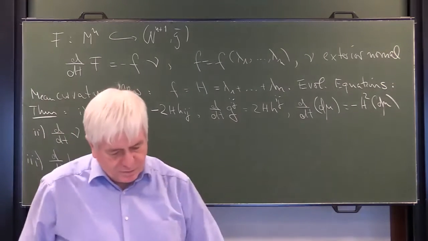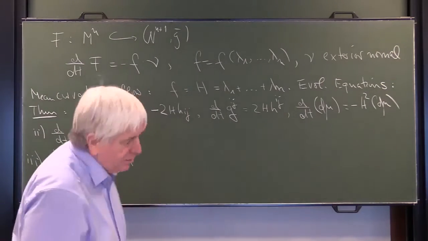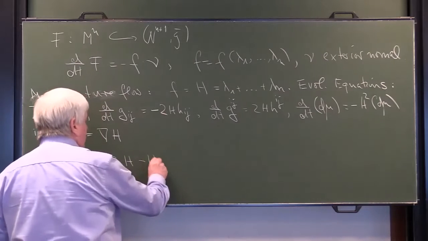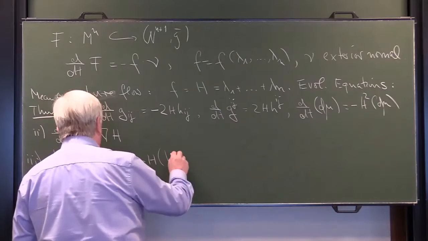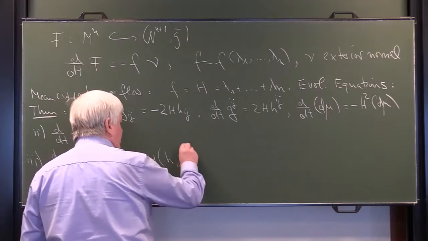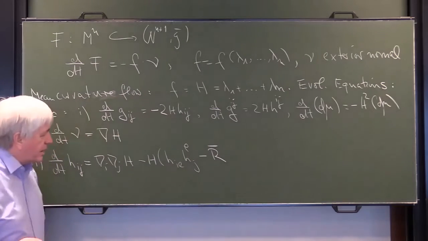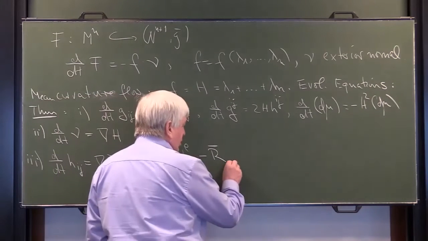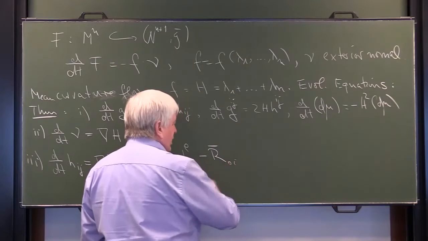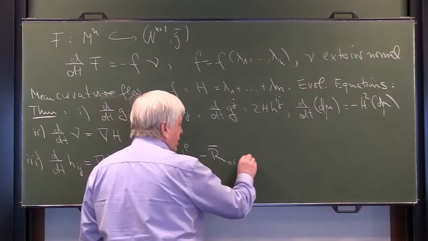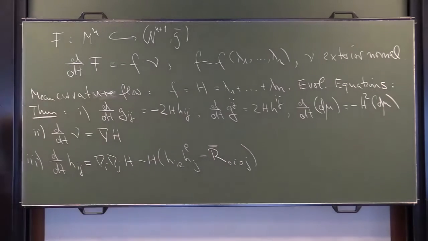Now I have to be careful with the sign, and then you get minus h times the square of the second fundamental form, and minus the ambient Riemann tensor in normal direction, i normal direction j.